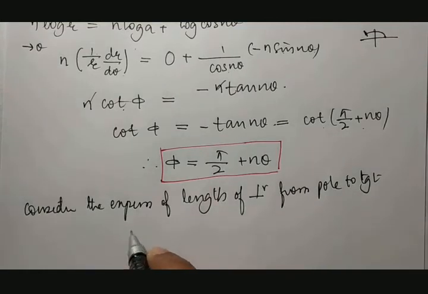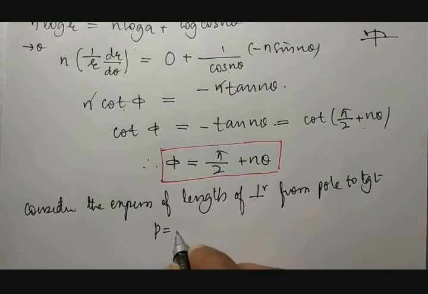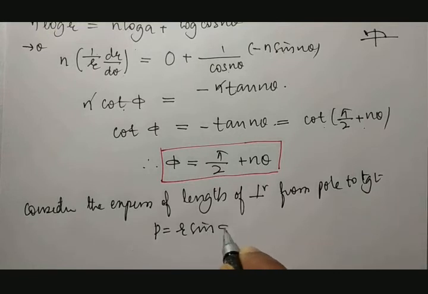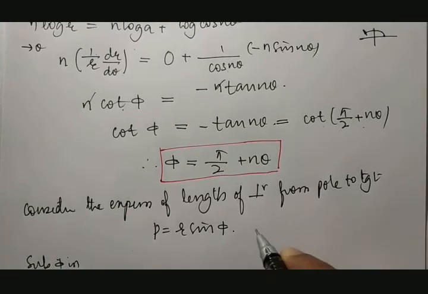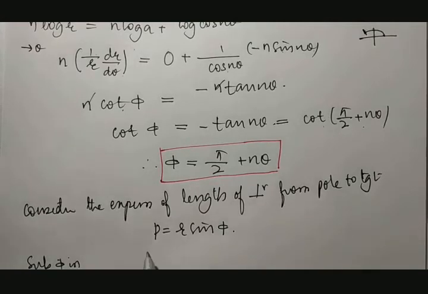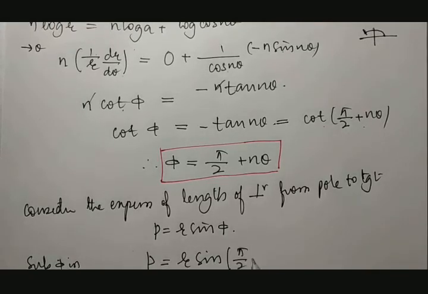What is that? p = r sin ψ. Therefore, substituting the value of ψ in this expression, what will I be getting? p = r sin ψ, where ψ is nothing but π/2 + nθ.